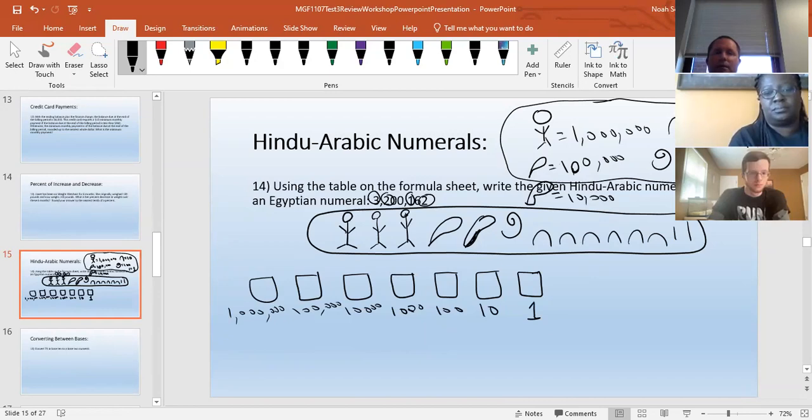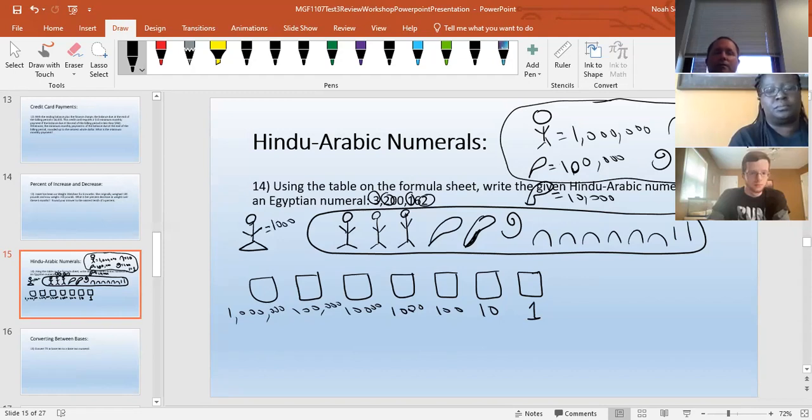So the thousands place was the lotus blossom. And that's kind of a stick figure, but it's more drawn this way. That's the lotus blossom. And so those represent 1,000.